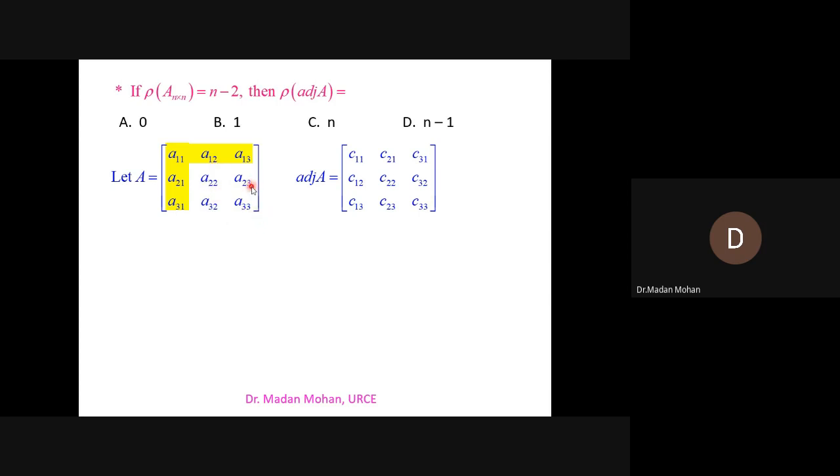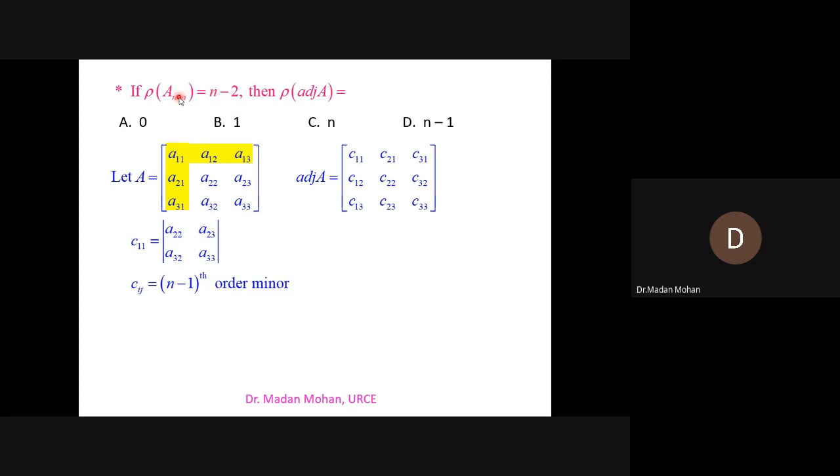So, observe this. C11 is this one. But this C11 is 0, because Cij is an n minus 1th order minor. Because rank is n minus 2 means higher order minors should vanish.